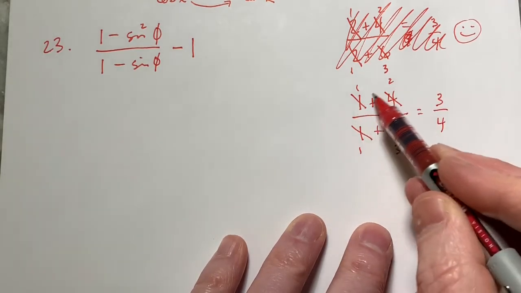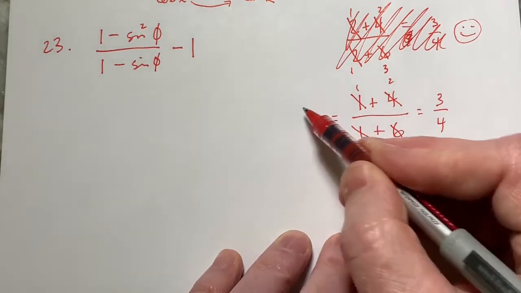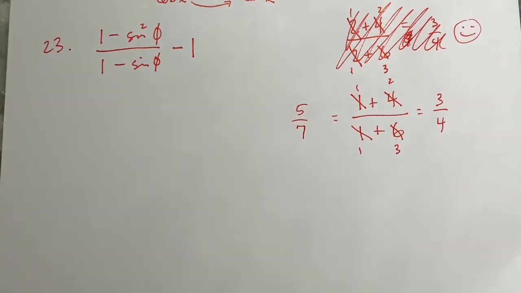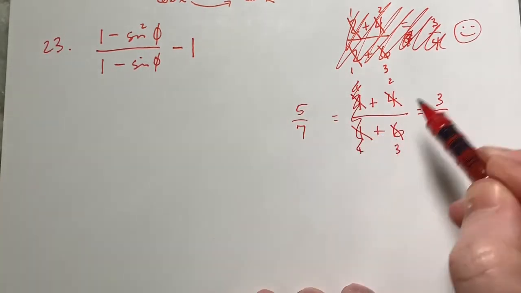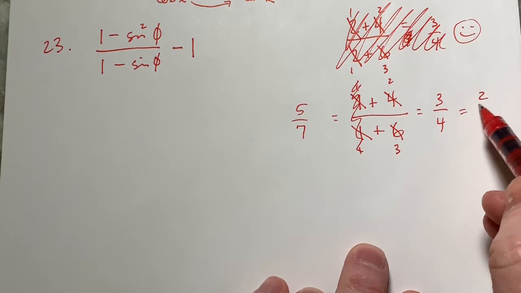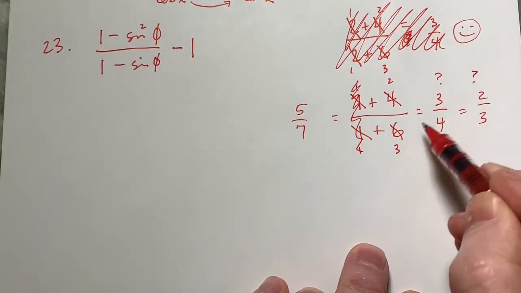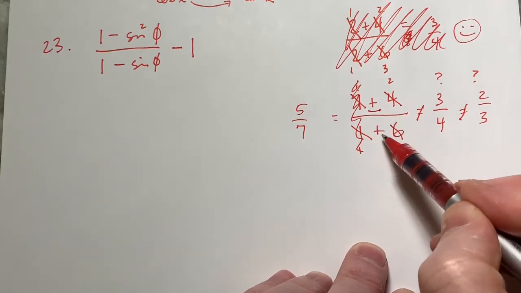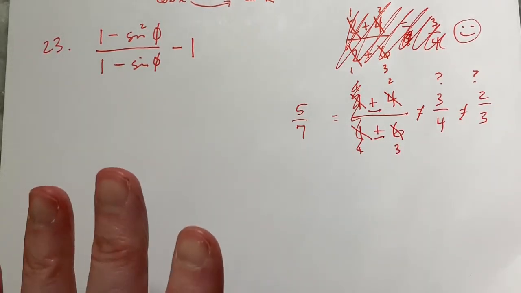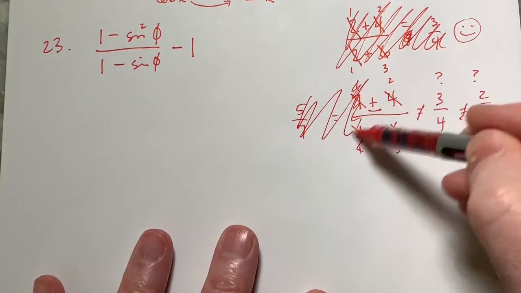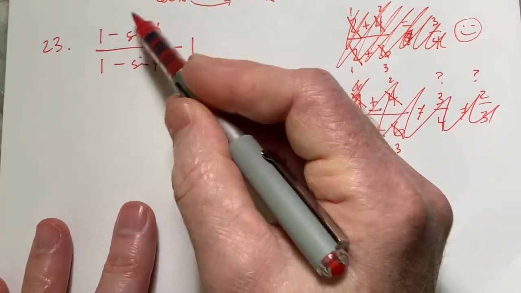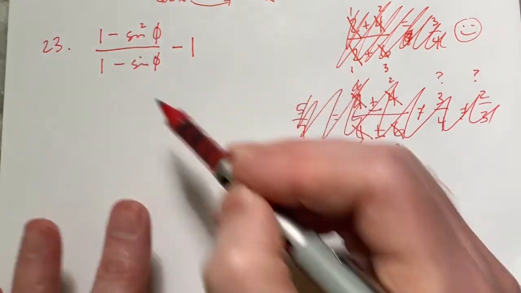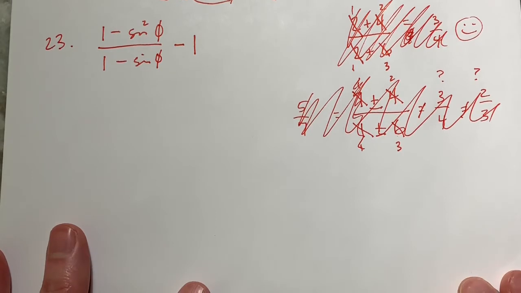No, this original problem was 5/7, which doesn't even simplify, does it? And even if I didn't leave a 1 there, is it equal to 2/3? Are these right? Absolutely not. So don't do any canceling like that when you have pluses or minuses. Don't do it. Okay? So please don't do any of this kind of craziness. The only time you can cancel is if it's a product on the numerator and the denominator. All right, so what do I do?